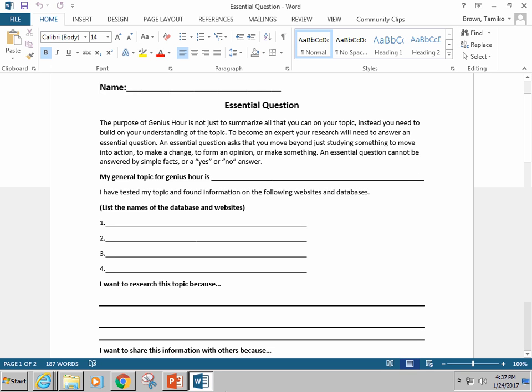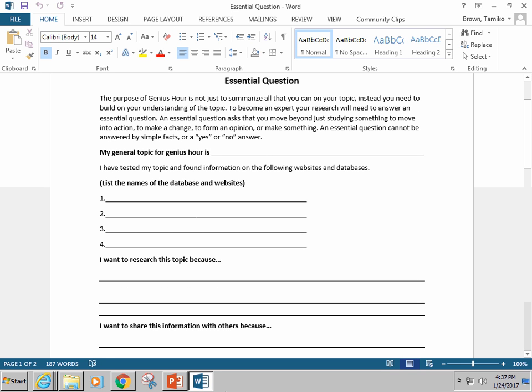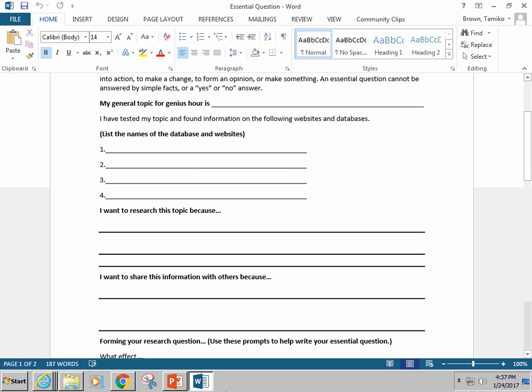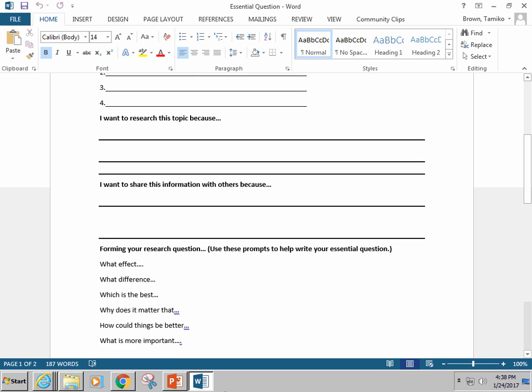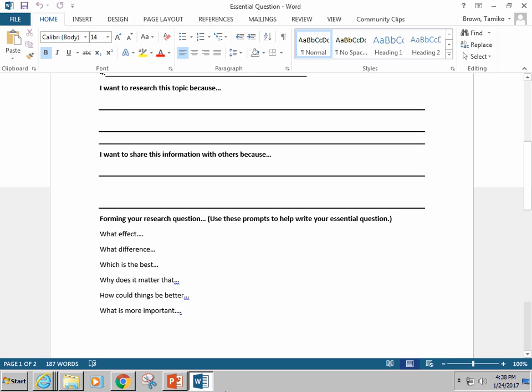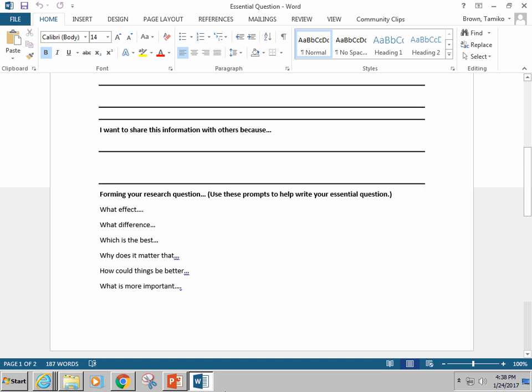But before you develop that question, I want you to think about this. Why do you want to research the topic? And what do you want to share with others about this information? And then here are the prompts to help you write an essential question.